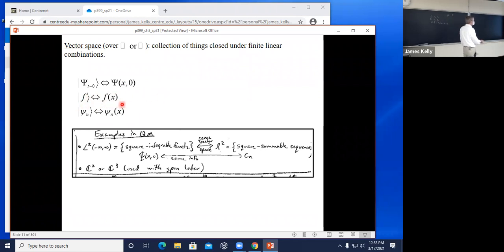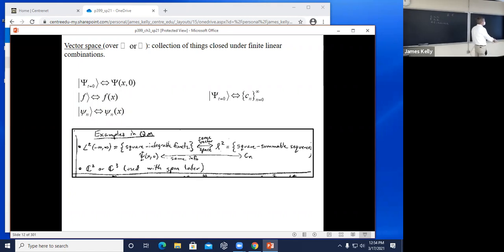So if there's this association, this is the way we're going to represent the state, and this is the abstract vector, why not use an f there? Similarly, if we have a solution to the time-independent Schrodinger equation, that's one way to represent an abstract vector, and why not label it by psi n? There's no rule that says I have to do that, but everyone would know what we're talking about, right? That is the abstract vector that represents a state of definite energy, for example.